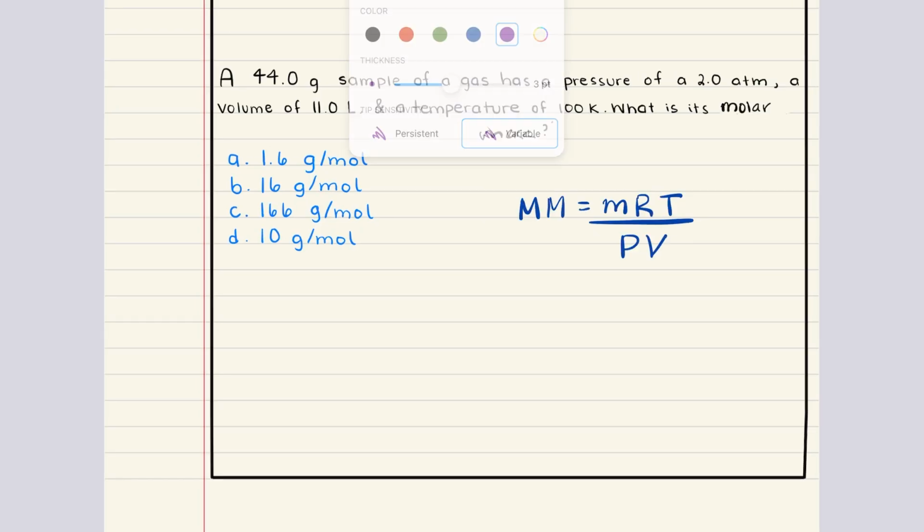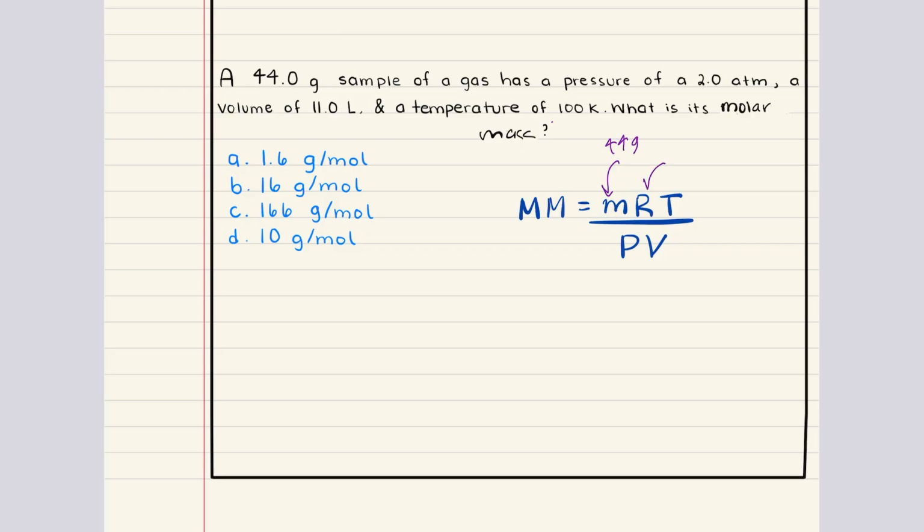In the problem, we're given the mass that's equal to 44 grams. R is our ideal gas constant, which is equal to 0.08206 liters times atmosphere divided by moles times Kelvin. We're also given temperature, that's equal to 100 Kelvin. Pressure is equal to 2 atmosphere, and volume is equal to 11 liters. So we're given all of the values we need to just plug these into the equation and calculate.